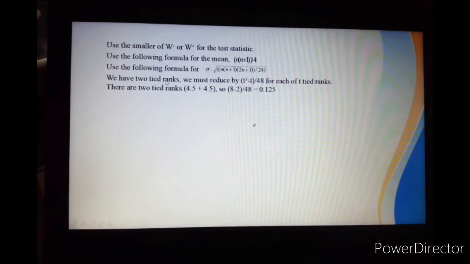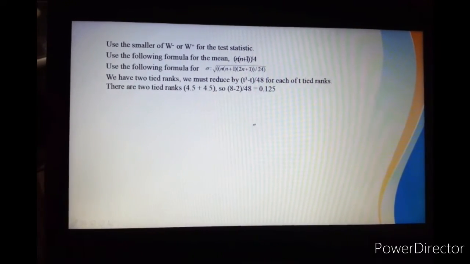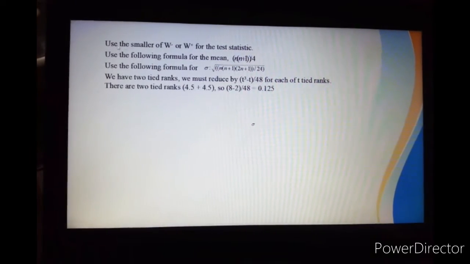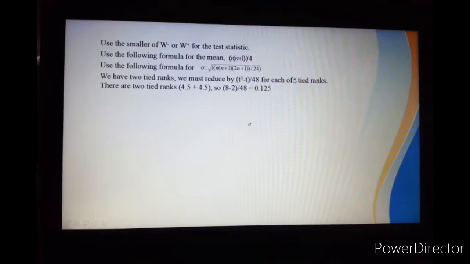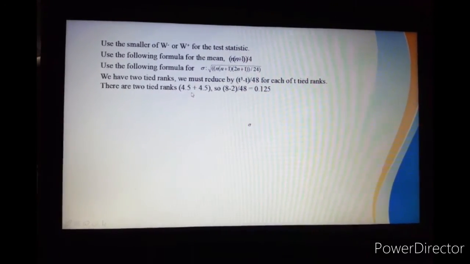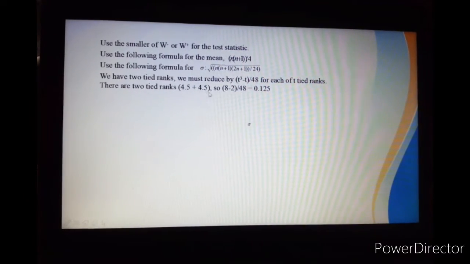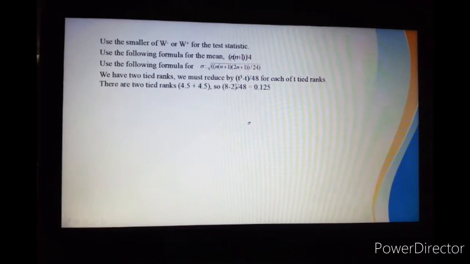So we have two tied ranks. We must reduce by this formula, t, symbolized as tied. For two tied ranks, it is t cubed minus t over 48 for each of the tied ranks. We have two tied ranks, 4.5 plus 4.5. So 8 minus 2.